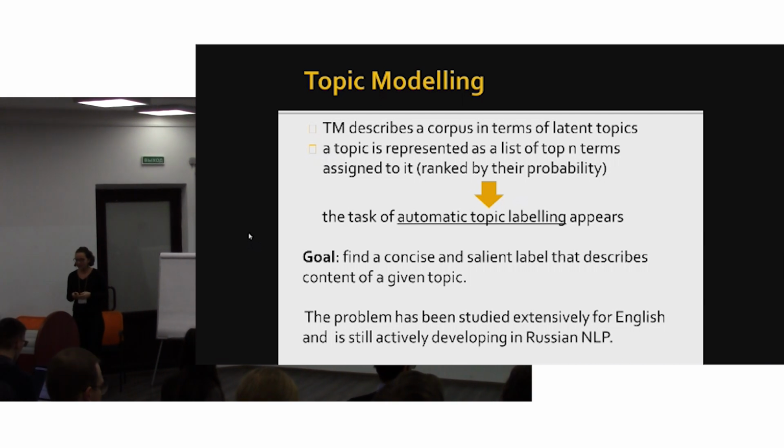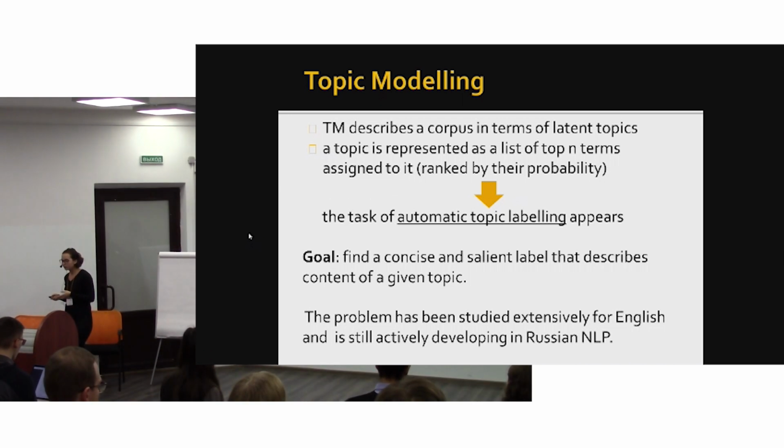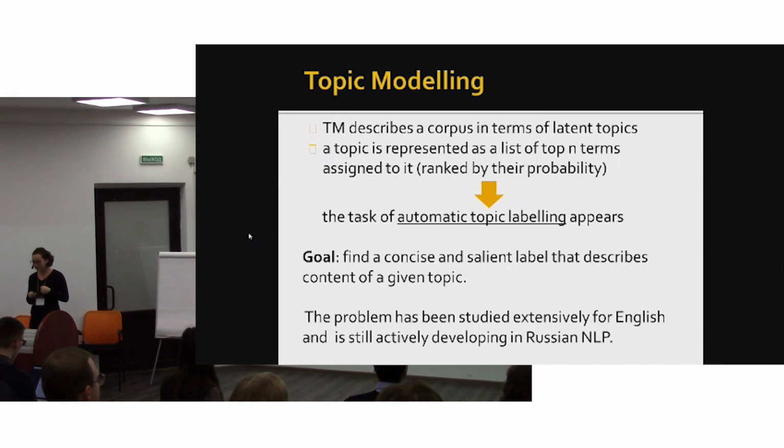This is why the task of automatic topic labeling appears, because especially if we have a large number of topics, in order to understand what they are all about, we have to look through all of the words and draw some conclusion. This is not very convenient, and the goal of our task is to find a concise and meaningful label that would describe the content of the topics.